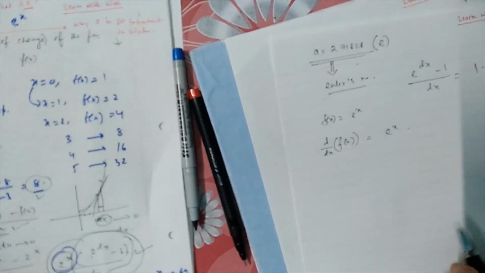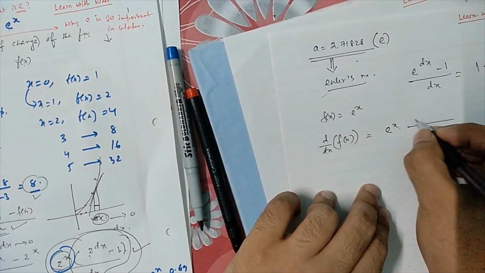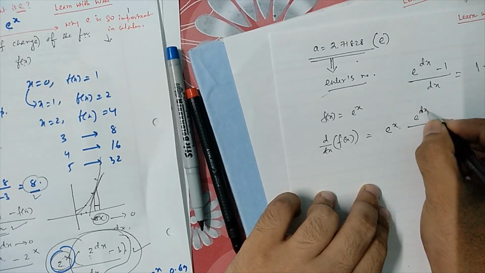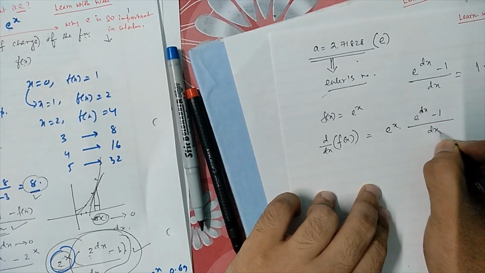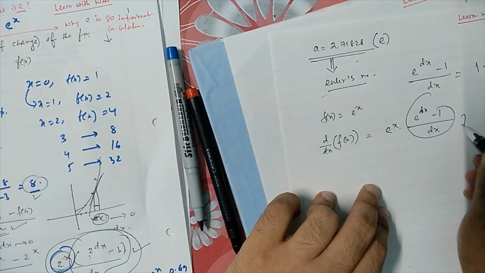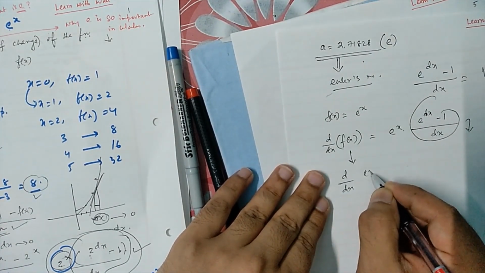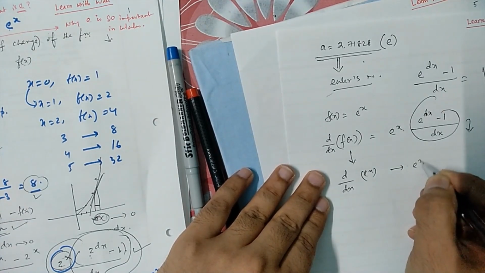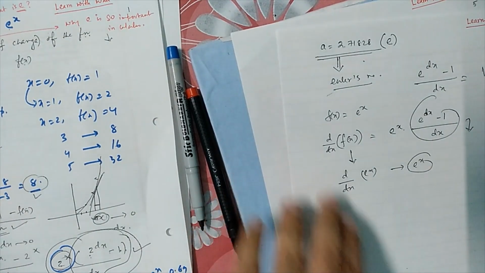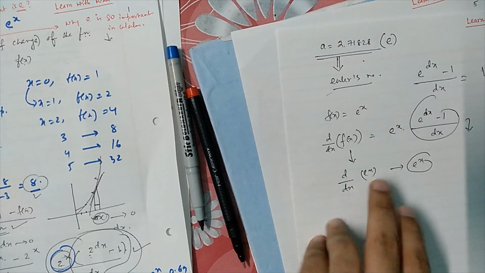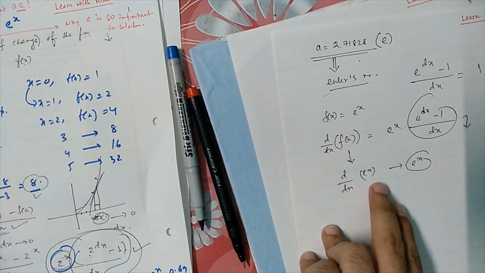So put e in this formula, (e to the power dx minus 1) divided by dx, and we know that this tends to 1. So what we got: d/dx of e to the power x is nothing but e to the power x itself. That's why the derivative of e to the power x is e to the power x.